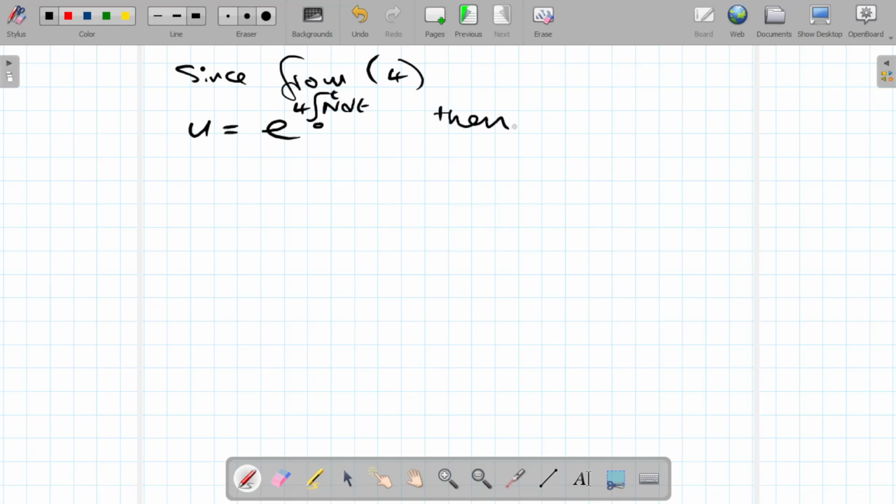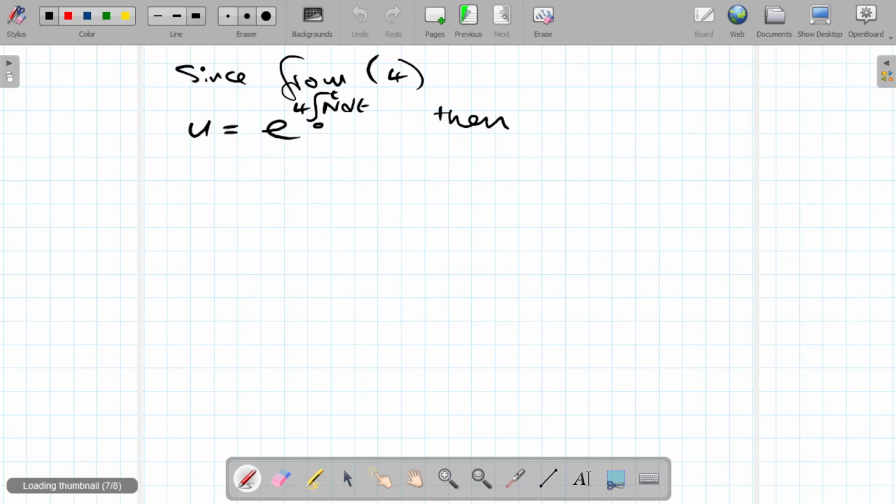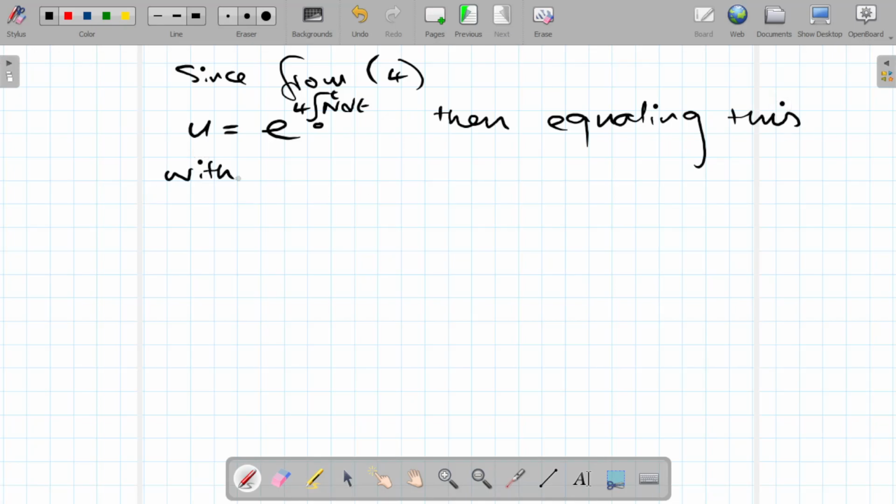Then we go to the previous page. We'll call this equation 15. Then equating this with equation 15, we're actually substituting it in, really.